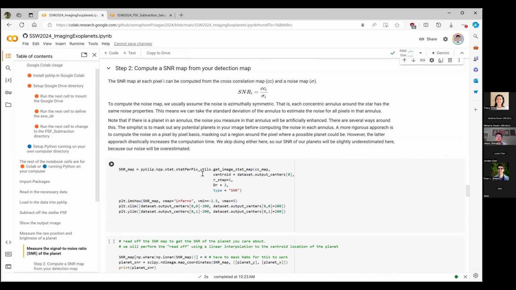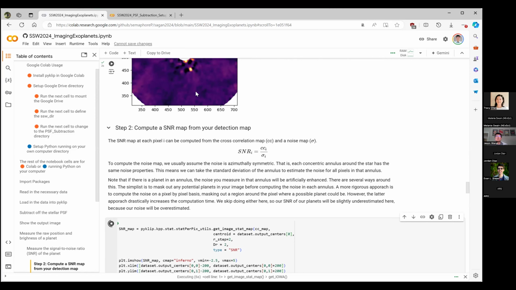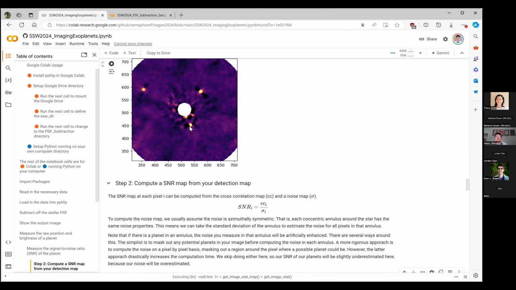So the next thing we have to do is to create a noise map, a signal to noise map. Signal to noise maps are basically taking your cross correlation map and, for each pixel, computing the noise of each pixel and dividing the cross correlation map by its noise. So we're normalizing the map because we know that further out the noise is lower.